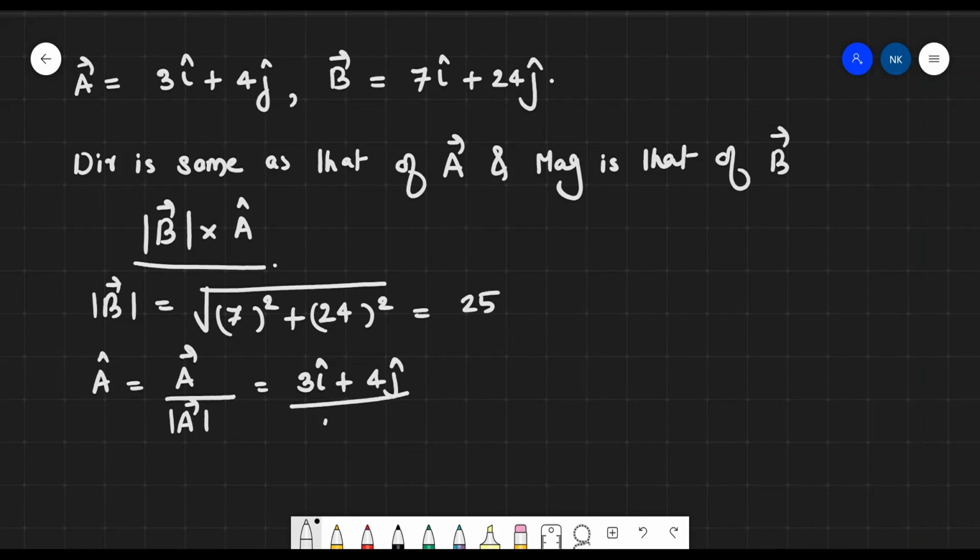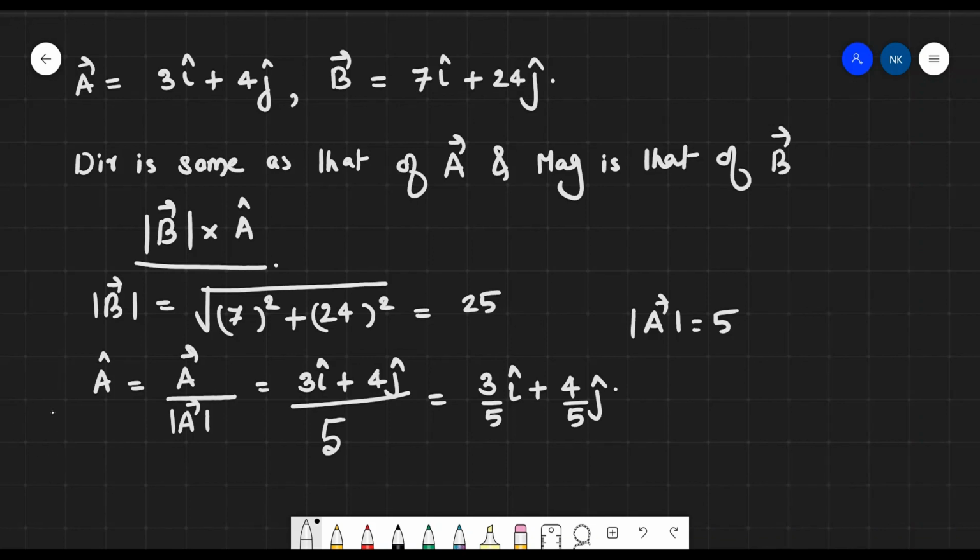Okay, what's going to be magnitude of a vector का magnitude क्या होगा? a vector का magnitude आएगा equal to 5. क्या इसको 5 से डिवाइड करिए तो क्या हो जाएगा? This is going to be 3 by 5 i cap plus 4 by 5 j cap.